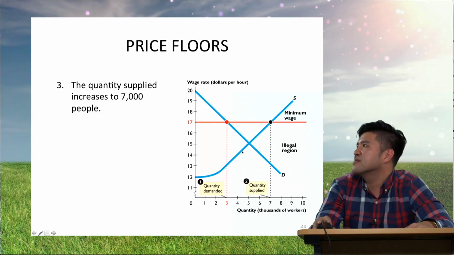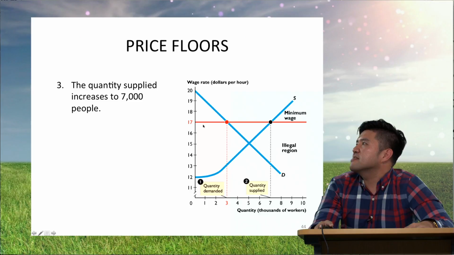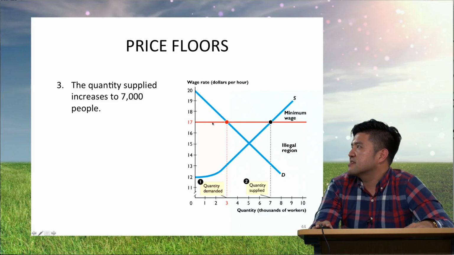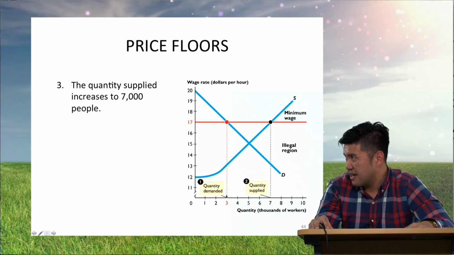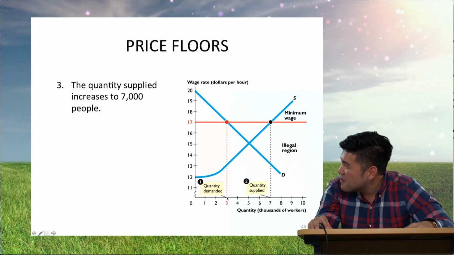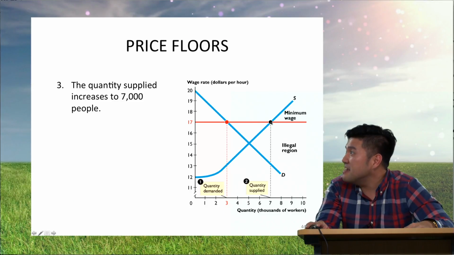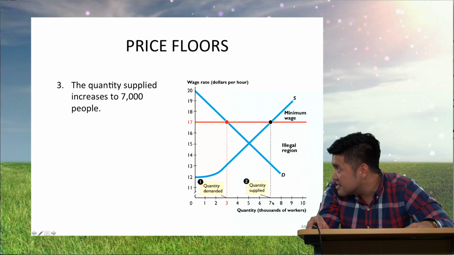That makes sense. When the price is higher than the market price, quantity demanded will be low. Employers are not happy. They only want to employ 3,000. But at $17, employees will supply how many? 7,000.